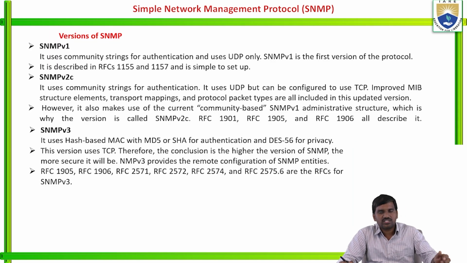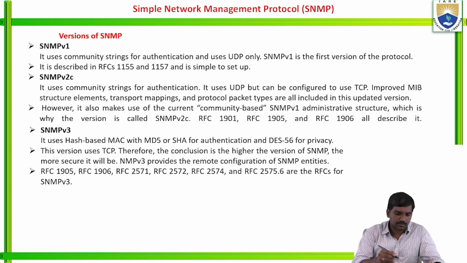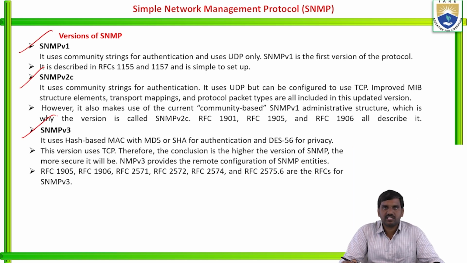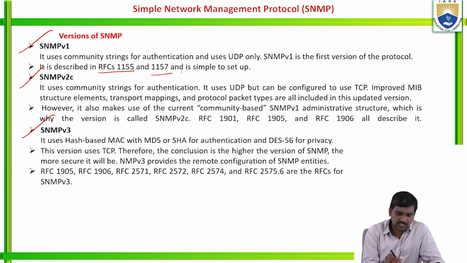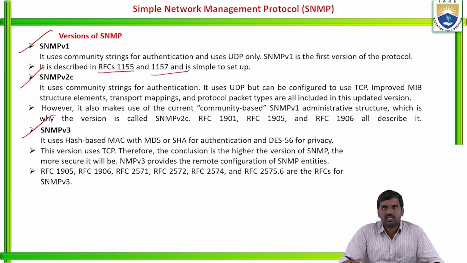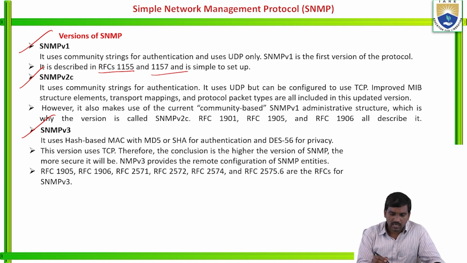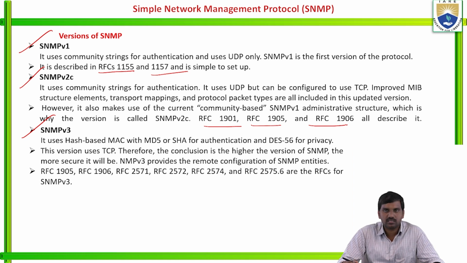And the versions of SNMP here: SNMPv1, SNMPv2c, SNMPv3. So these are the different versions of SNMP. SNMPv1 is based on RFCs 1155 and 1157. SNMPv2c is RFC 1901, RFC 1905, RFC 1906, all describing the data.